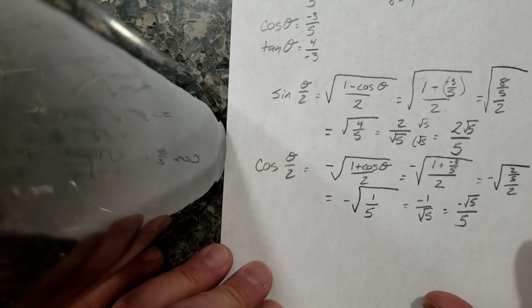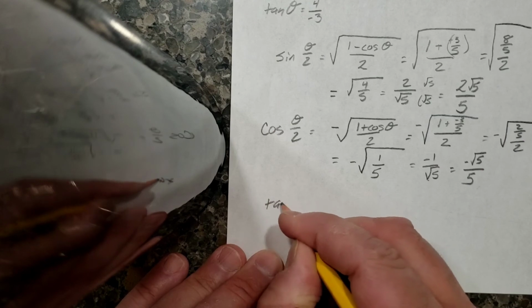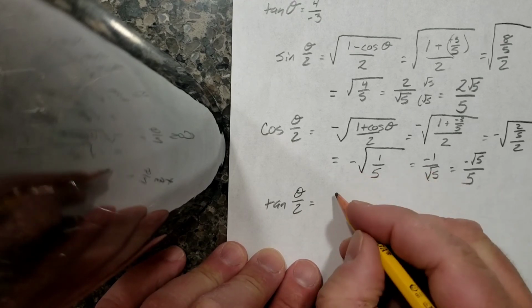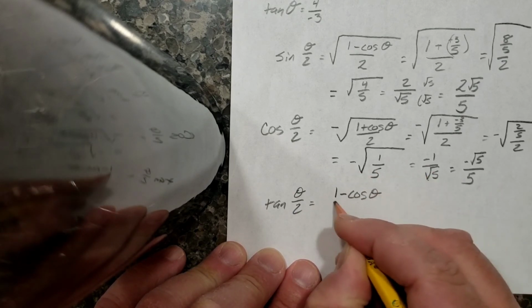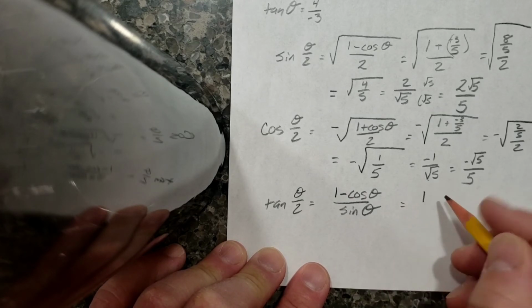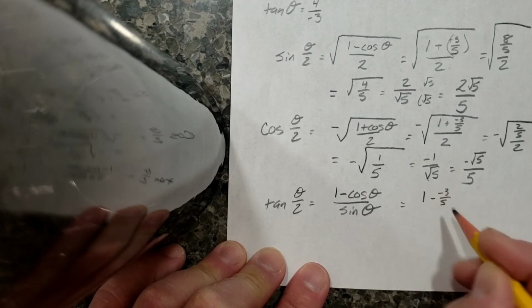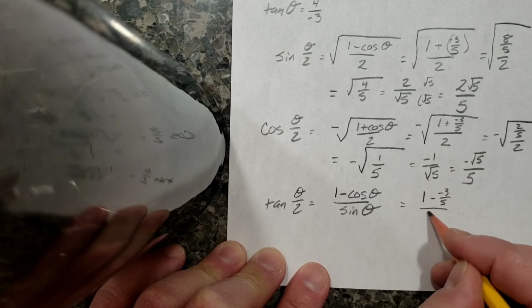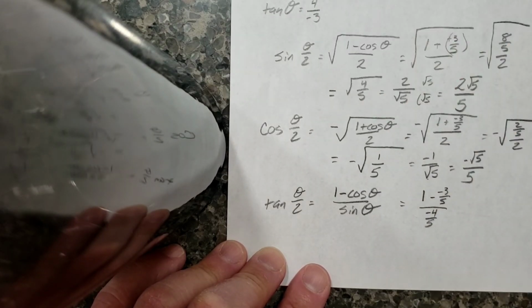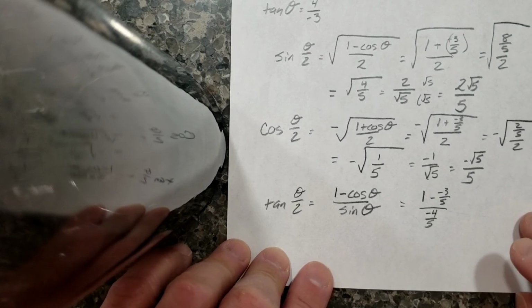Okay, so for tangent of theta over 2, I'm going to use 1 minus cosine theta over sine theta. I think that's a good one. So we will do 1 minus negative 3/5 over negative 4/5, because our angle is in the third quadrant, so our sine is negative.